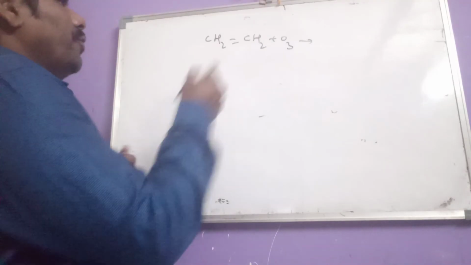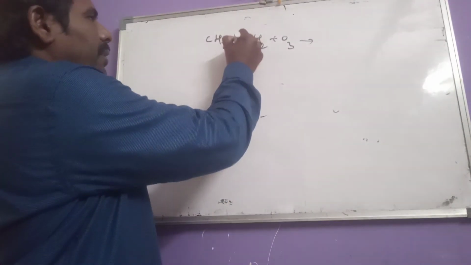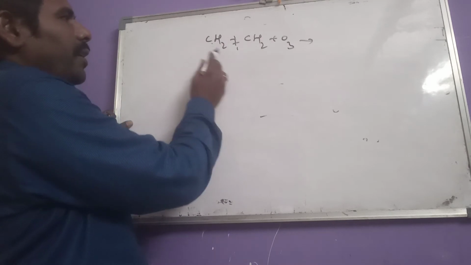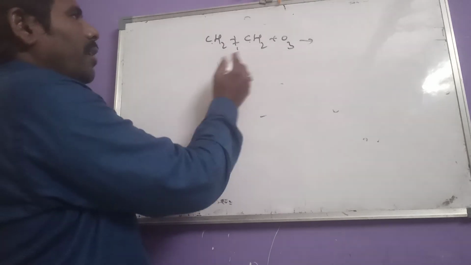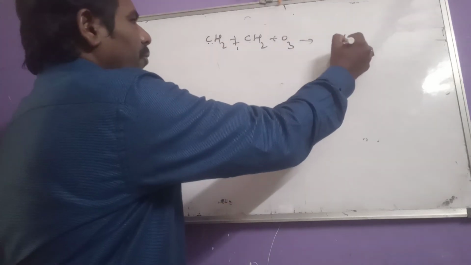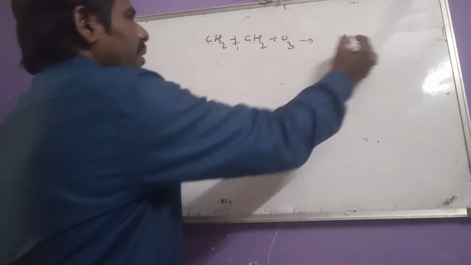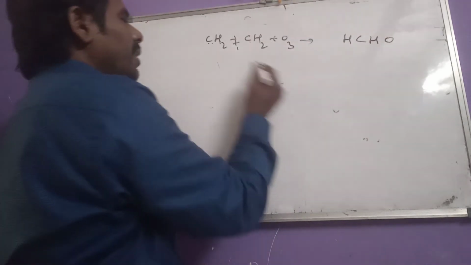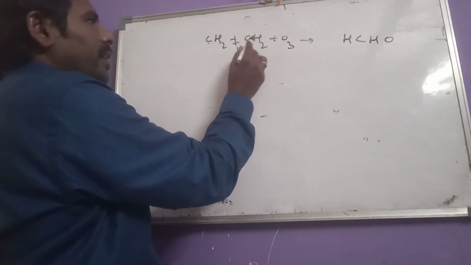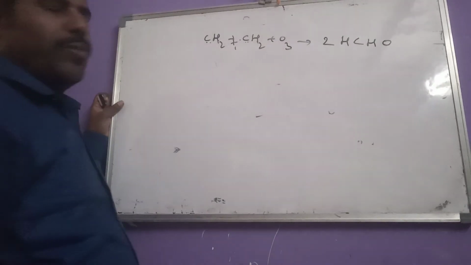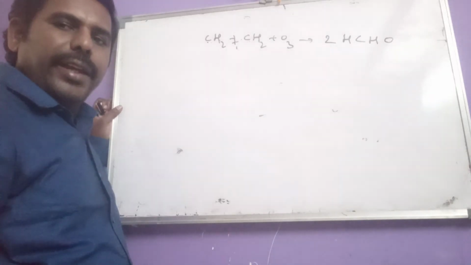Just what we need to do here, break the double bond, add one oxygen to this carbon, add one oxygen to this carbon. So if you add one oxygen to this carbon, what we can get? H, C, another H I am writing, add oxygen. Here also HCH, add one oxygen, means we get 2 moles of formaldehyde.